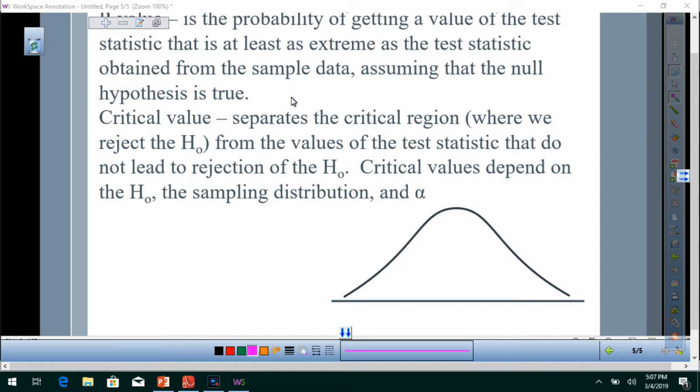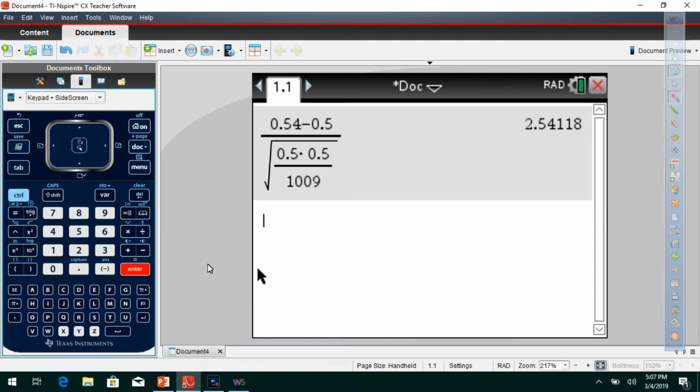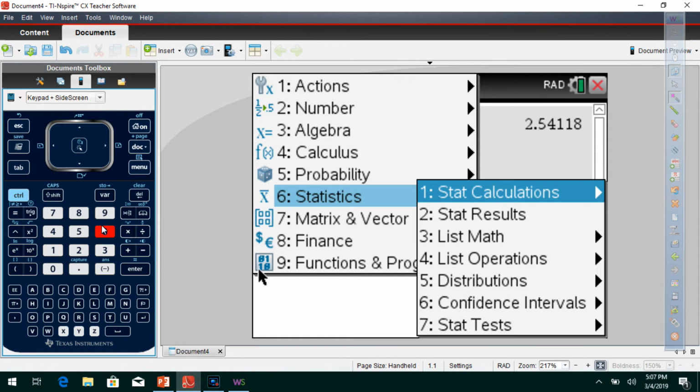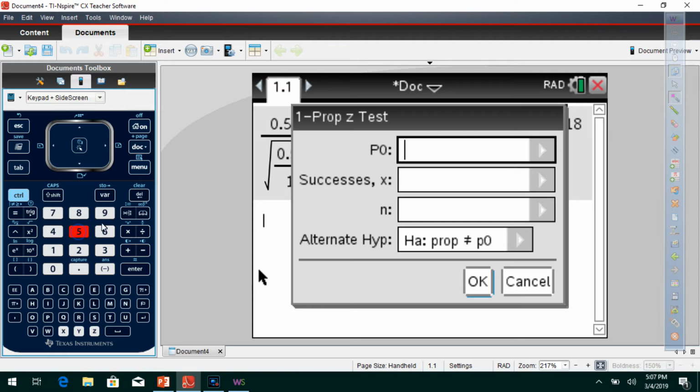All right, to find the p-value, we're going to do menu 675. You may want to put that in your notes. So let's go in here. We're going to menu 675.